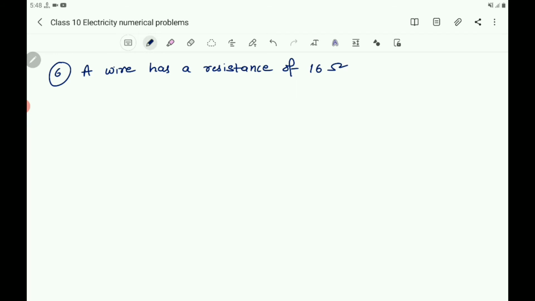It is melted and drawn into a wire of half its length.